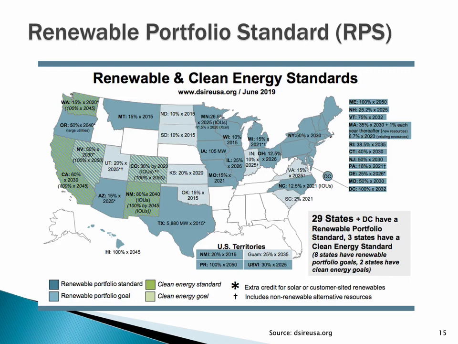Each state has what's called a renewable portfolio standard, or RPS, and these RPSs are legislated goals for the state. For instance, the goal of Illinois is to have 100% renewable energy by 2050, and I believe 50% by 2030.